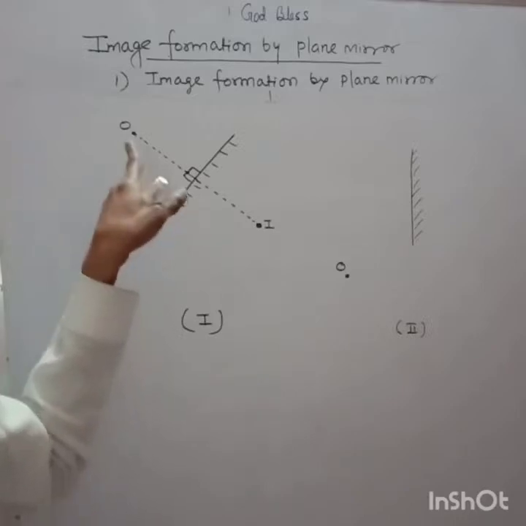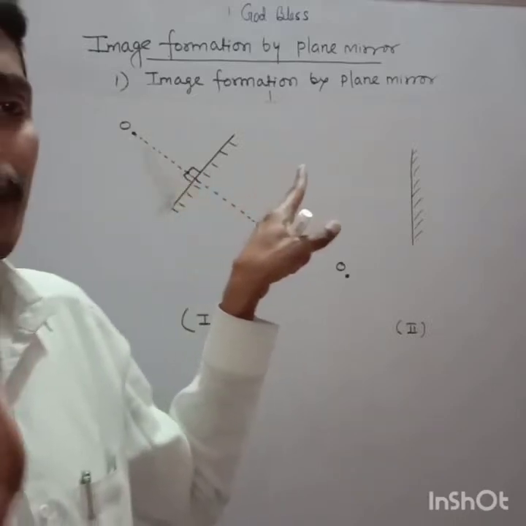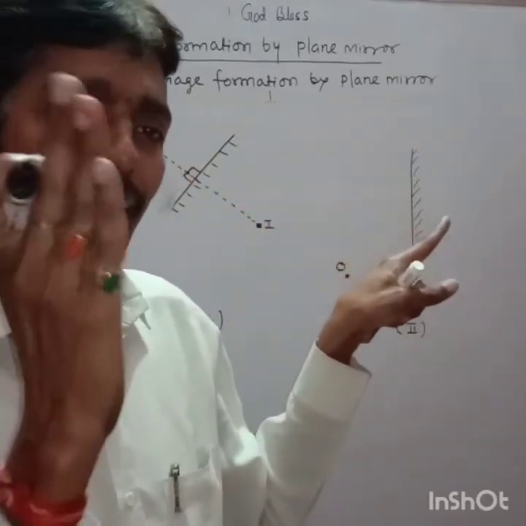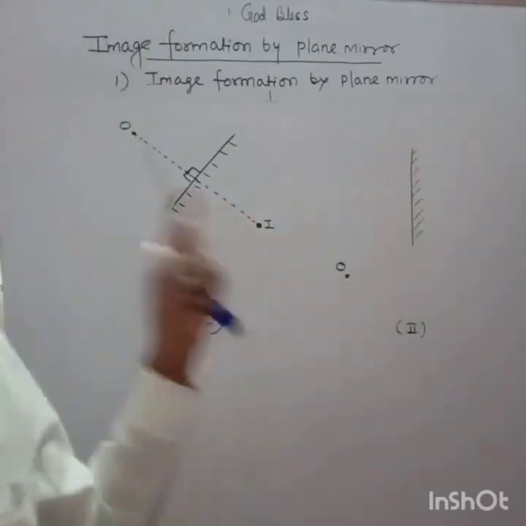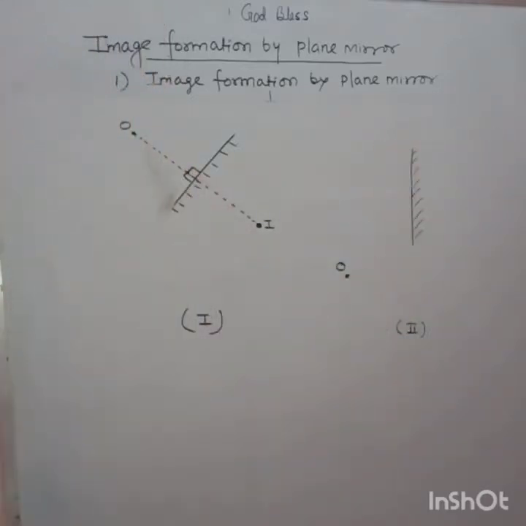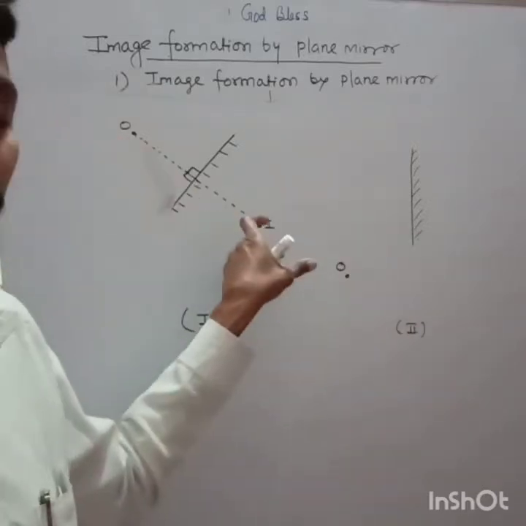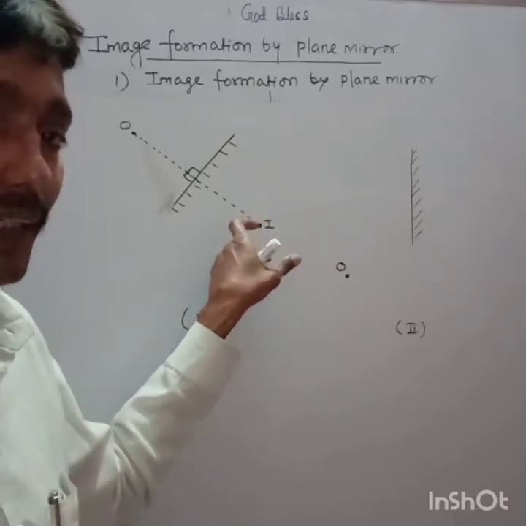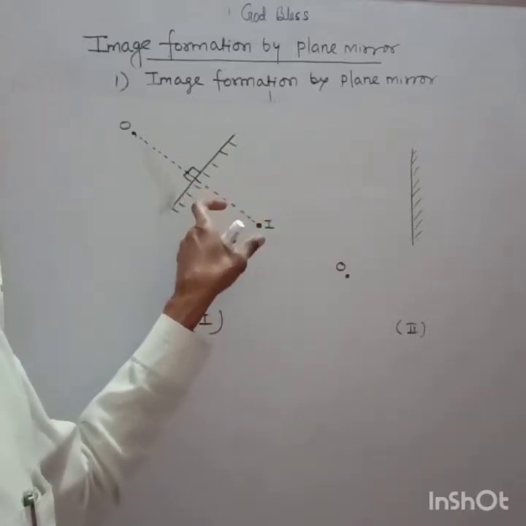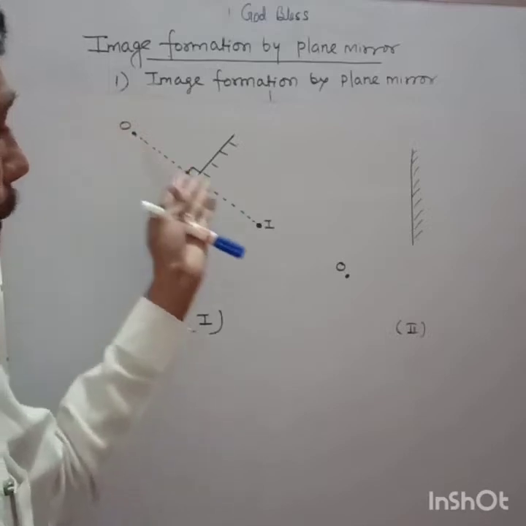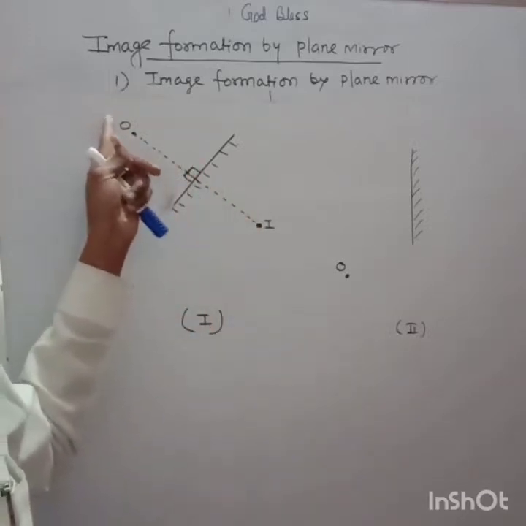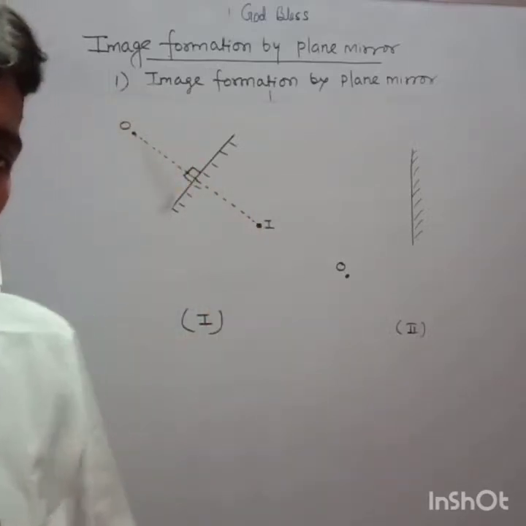However the mirror is kept, draw the perpendicular according to the way it is kept on the board. With my logic, with my proof that the distance of the object and the distance of the image formed inside the mirror should be the same, I extended this perpendicular line from object to image. Am I clear?